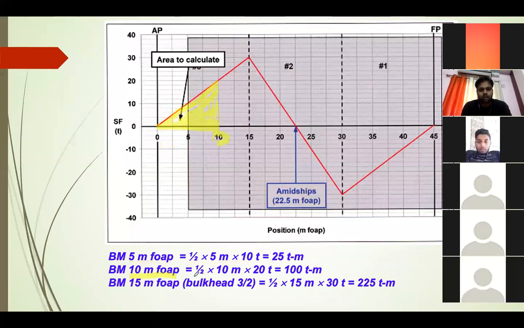Again, it will be half base. Your base will be from 0 to 10, into 20 tons. This will be your height, 20 tons. So that will give you 100 ton meter. So this will be your BM at 10 meters. It will be 100 ton meter.